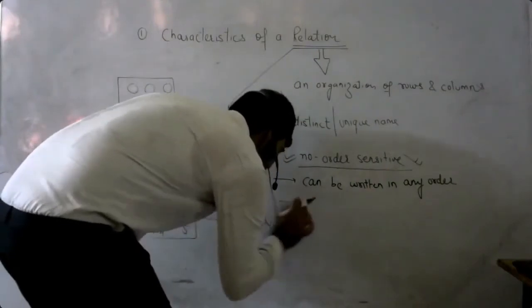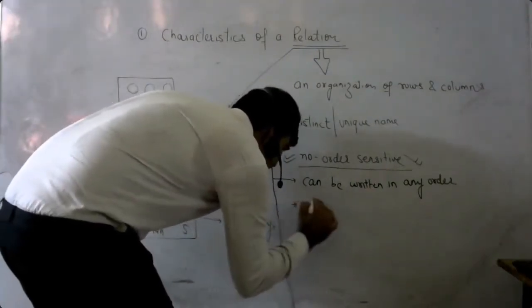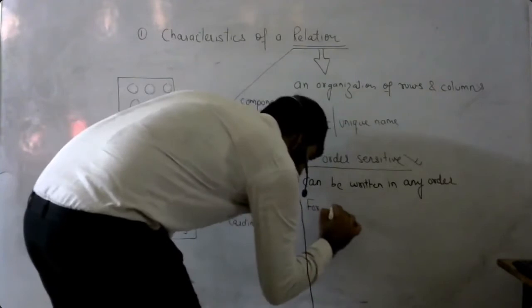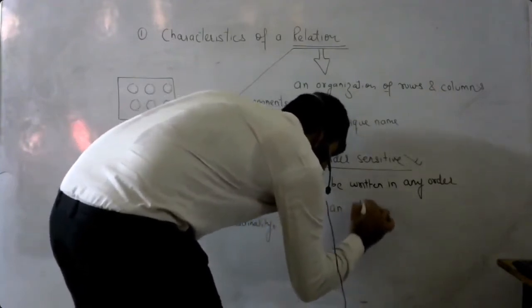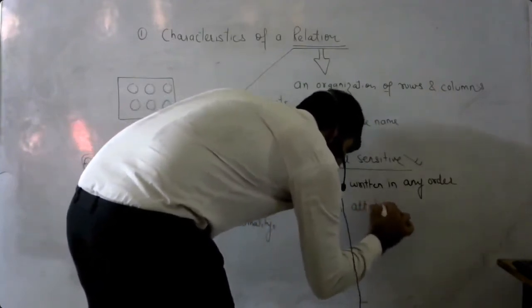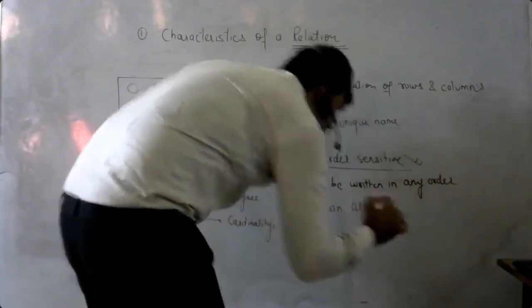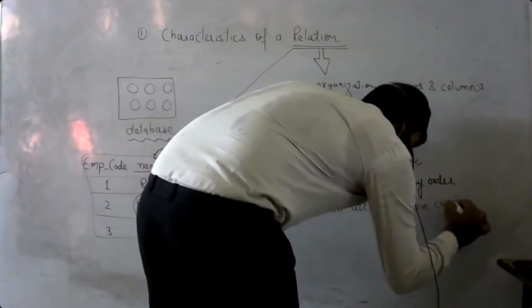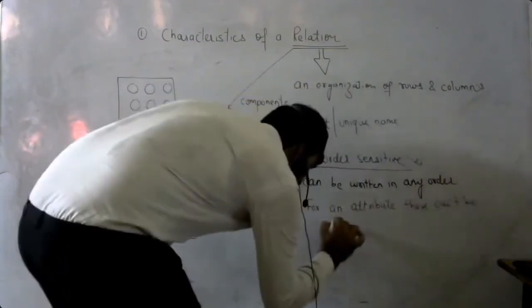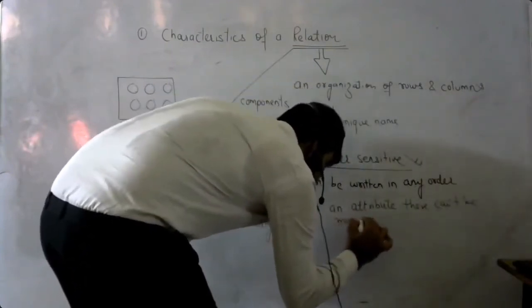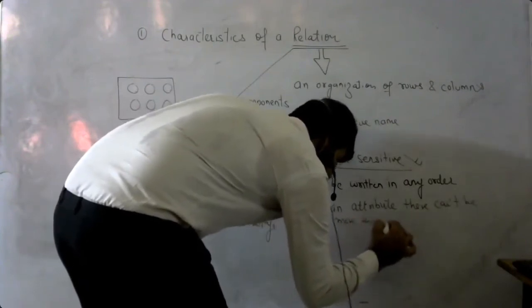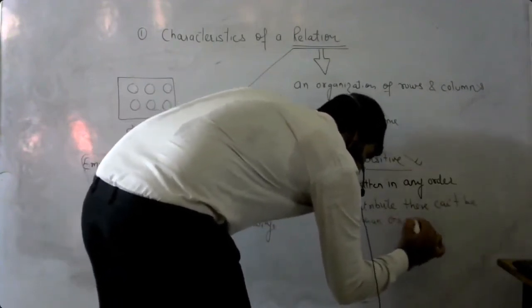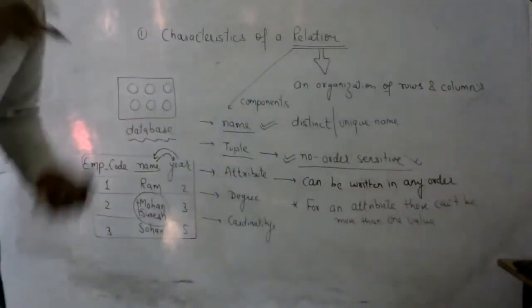For an attribute, or for a column, there cannot be more than one value, or we can say there must be one and only one value.